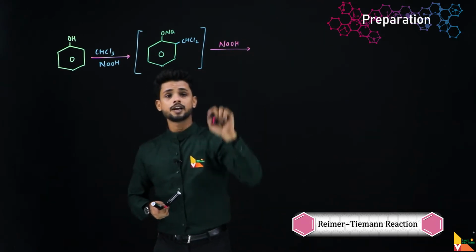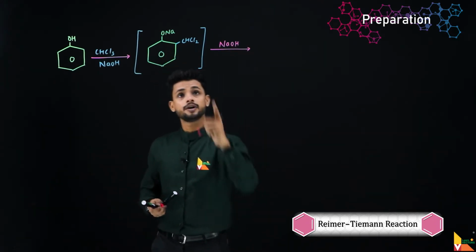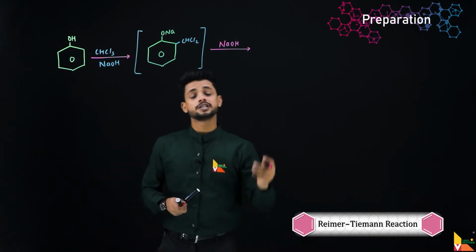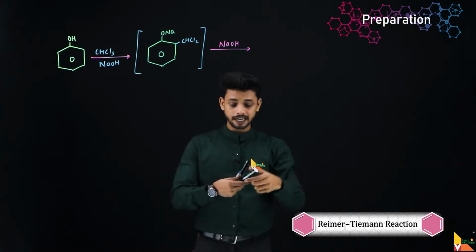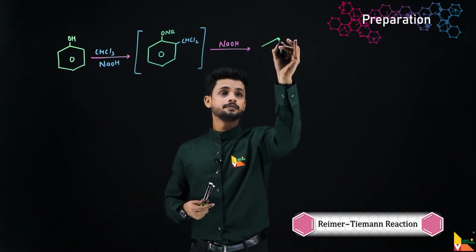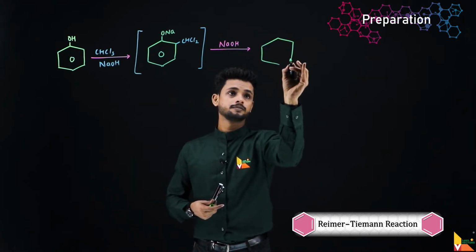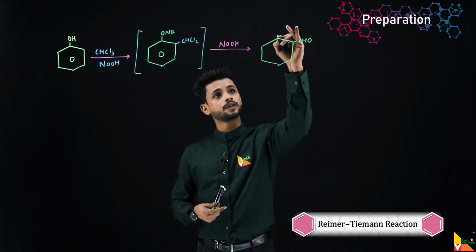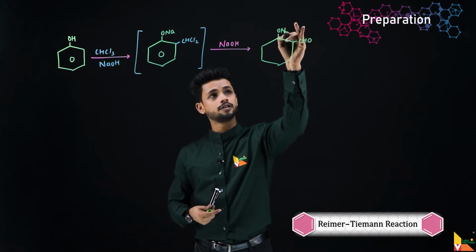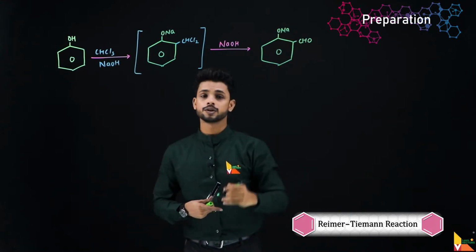Now this NaOH is not for this phenoxide ion but for this group which is introduced on the ortho position. Now this group will directly get converted into an aldehyde group, that is CHO, and here we still have the ONa and of course this ring.